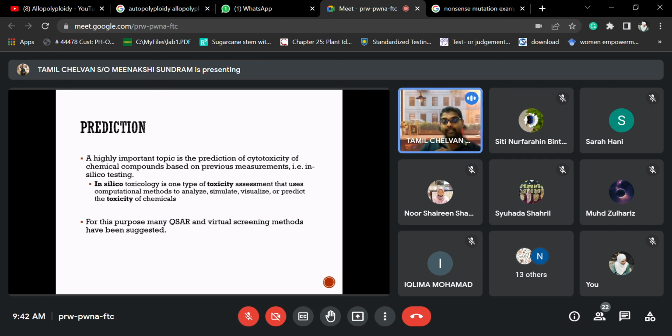So in silico means like using bioinformatics or using data yang ada dalam komputer, a type of toxicity assessment that uses computational methods to analyze, simulate, visualize, or predict the toxicity of chemicals. So computational method lah. For this purpose, many QSAR and virtual screening methods have been suggested. Okay, so ongoing and future as well. Okay, you don't run everything using living organisms.